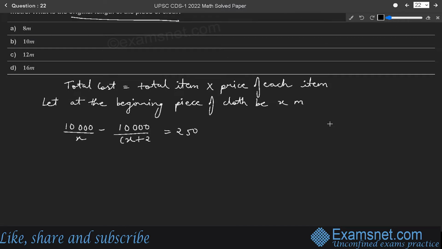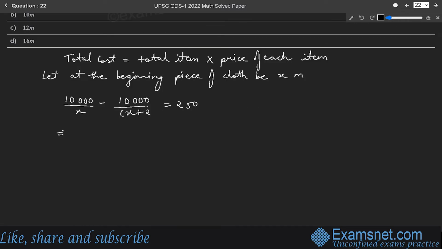Further, it can be written as 10,000 x plus 20,000 minus 10,000 x upon x into x plus 2. After taking the LCM, it will be equal to this particular step.